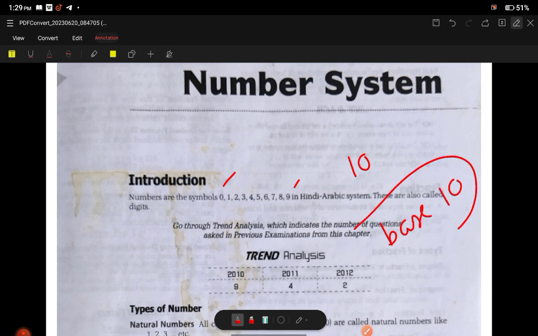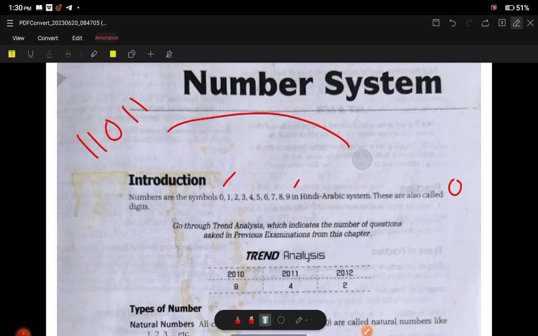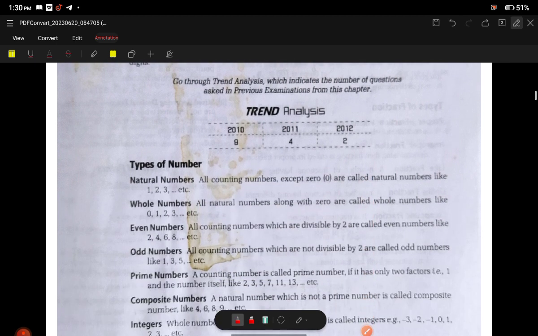So don't be confused if it is given in binary system, 11011, you convert into base 10. So base 10 means what? Base 10 means in our Hindu Arabic number system 10 digits are there, that is why it is called base 10, right? Fine. So we have 10 digits to represent any type of large or small number. Okay, proceed to the next part.